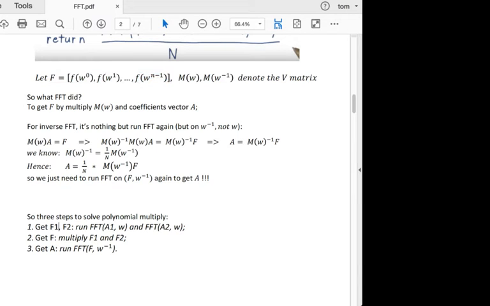To get two of them, just run the FFT on the coefficients, and to get the f, we just multiply the two vectors. And again, we run FFT again. This step is called the inverse FFT. Actually, it's also a step of FFT.